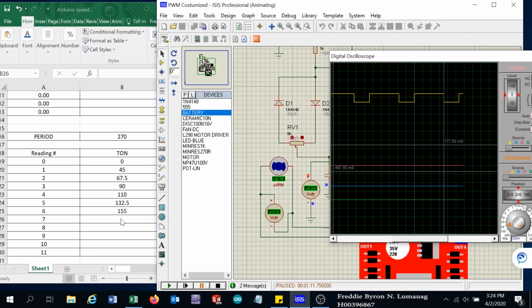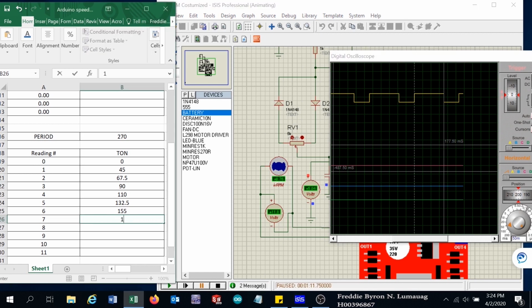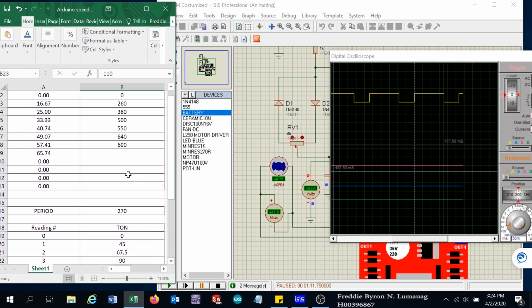So the seventh reading is 177.5, and the speed is 760. And we can see here in this cell, this is the duty cycle. It is now 65.74%.